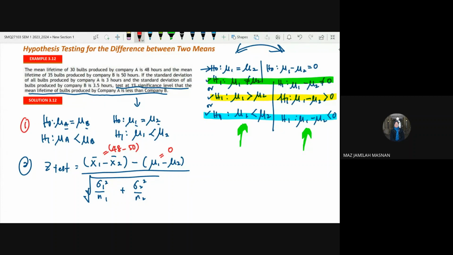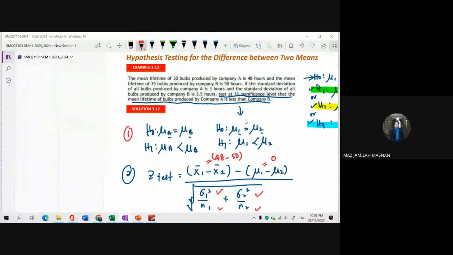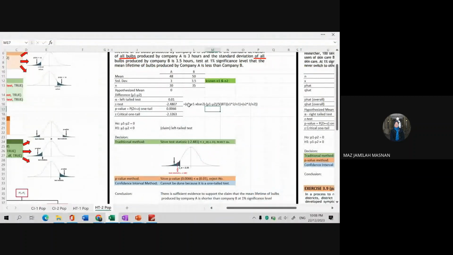So if we put everything accordingly, go back to our Excel. This will be the formula given, and then we use this formula and find the z-test. The z-test is where you're bounded for your p-value afterwards. So the p-value is 0.0066.